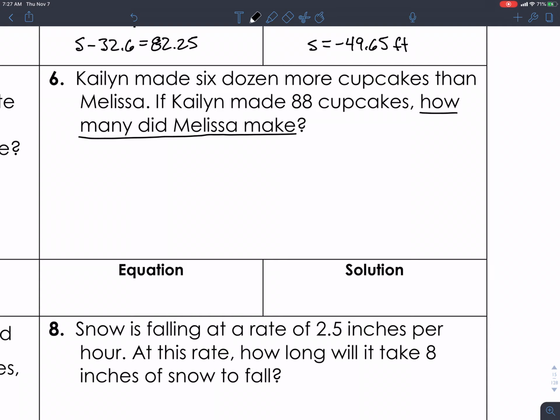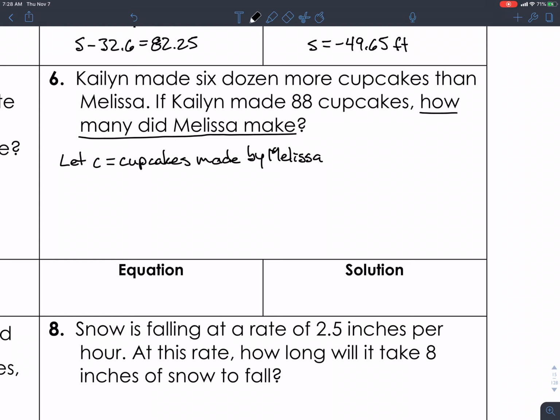So let's give our let statement. Let C, we'll use C for cupcakes, equal cupcakes made by Melissa. So that's what we're looking for.